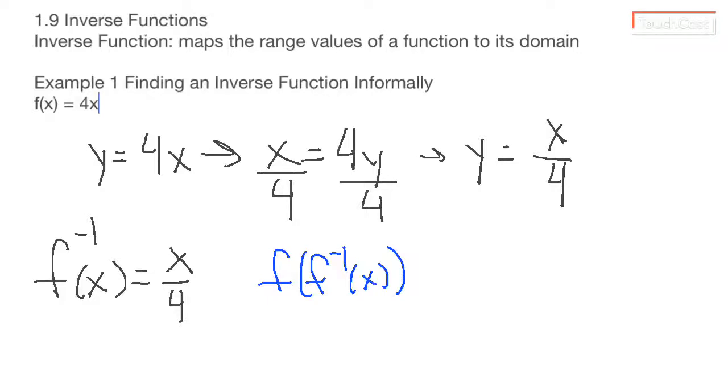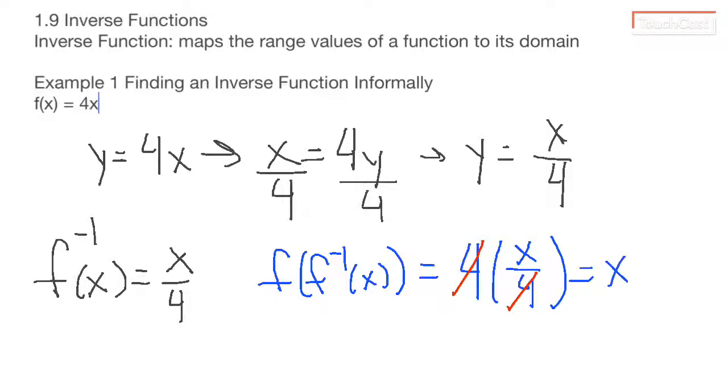So let's try that. We know f of x is 4x. So we're going to take 4 and replace x with the inverse function we found, x over 4. So 4 times x over 4, well, these 4's are going to cancel each other out, and we're going to be left with just an x. So if we take the composite that way, we get just an x back. So we found the right inverse.